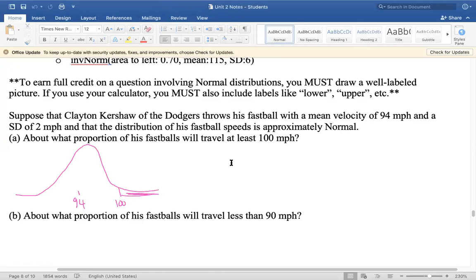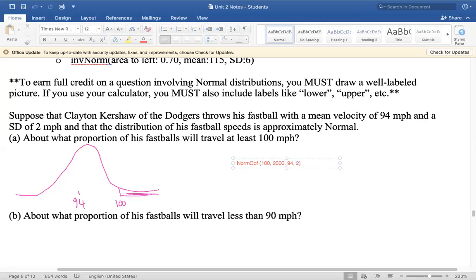Then you're going to type in what you've done in the calculator. So you can say normCDF, that's what it's called in the calculator. Then you type in what you put: 100 is the lower bound, 2000 was the upper bound, 94 and 2.